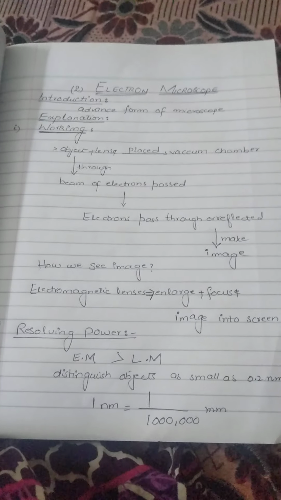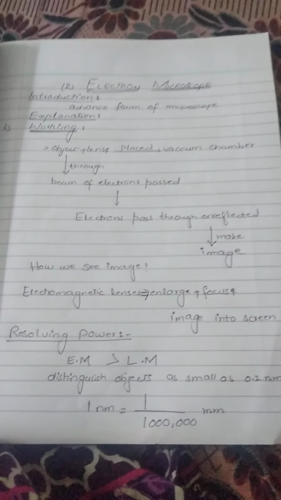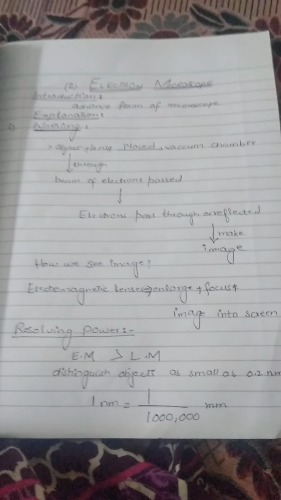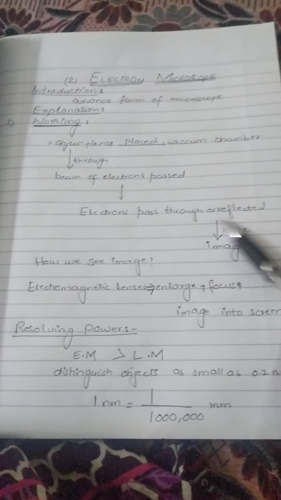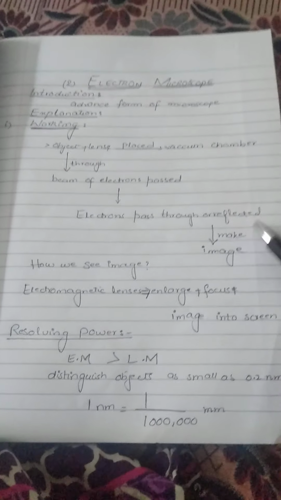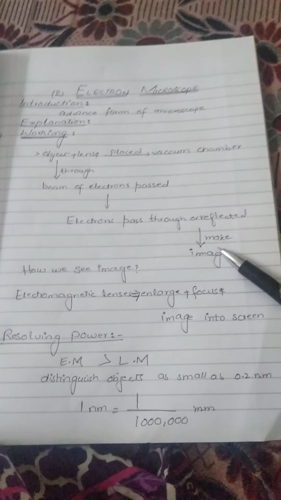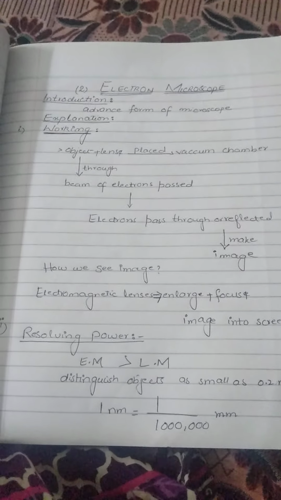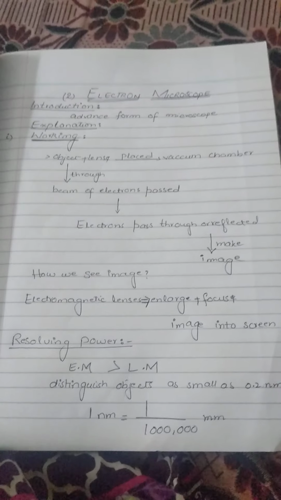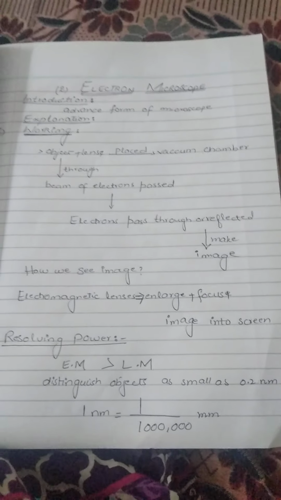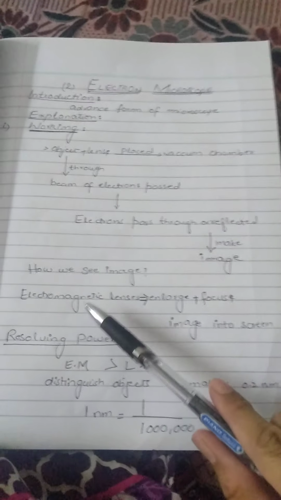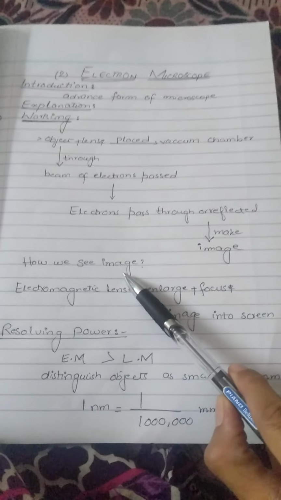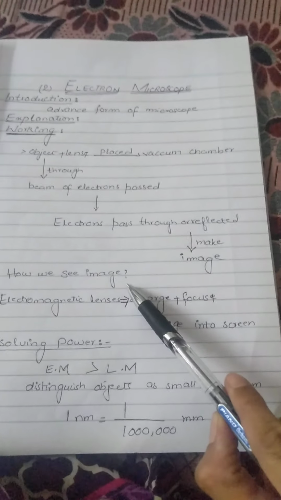Electrons are reflected or pass through the object and make an image. Electromagnetic lenses enlarge and focus the image onto a screen or a photographic film, and that's why we see the image on photographic film.